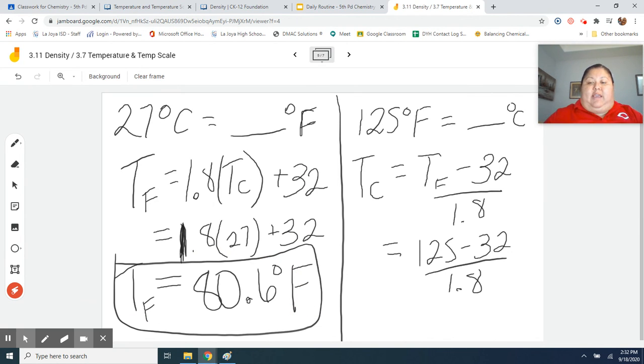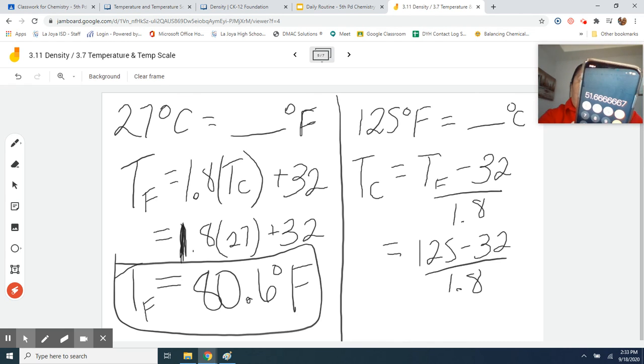Now, for our second example, converting 125 Fahrenheit to degrees Celsius, we're going to take our calculator, and the first thing we're going to do is punch in 125, subtract 32 to get 93, and then divide it by the 1.8.